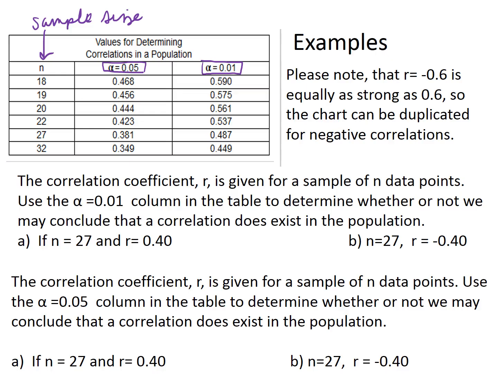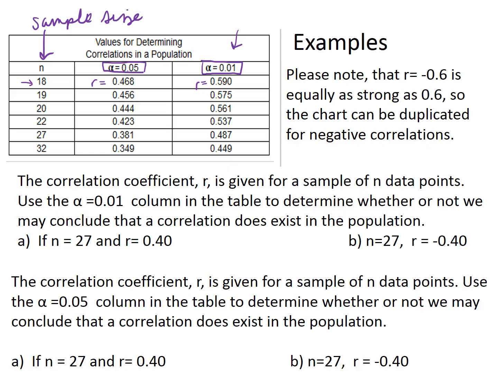So you can see, with a sample size of 18, with a 5% chance of error, this is the value of the correlation R. It is 0.468, and at the 1% level, the correlation is 0.590. Right? You need a higher correlation for a 1% chance because there's less chance for error.